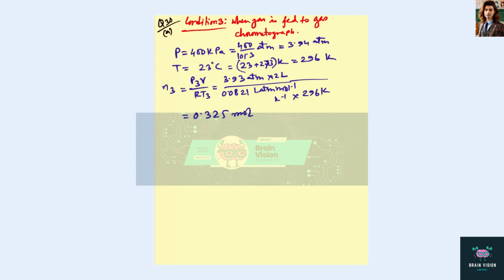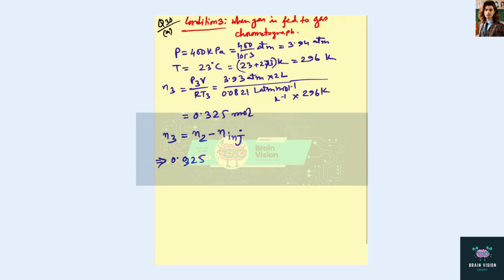Therefore, the number of moles at condition 3 is 0.325 moles, which is equal to the number of moles at condition 2 minus the number of moles of gas injected.